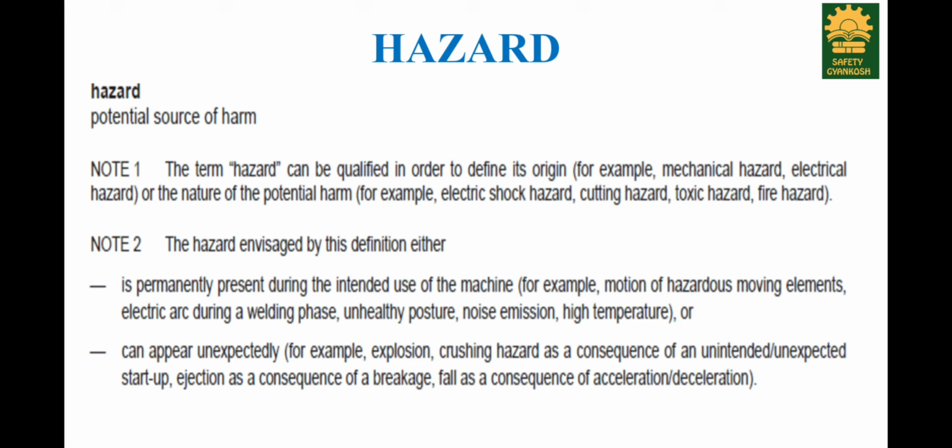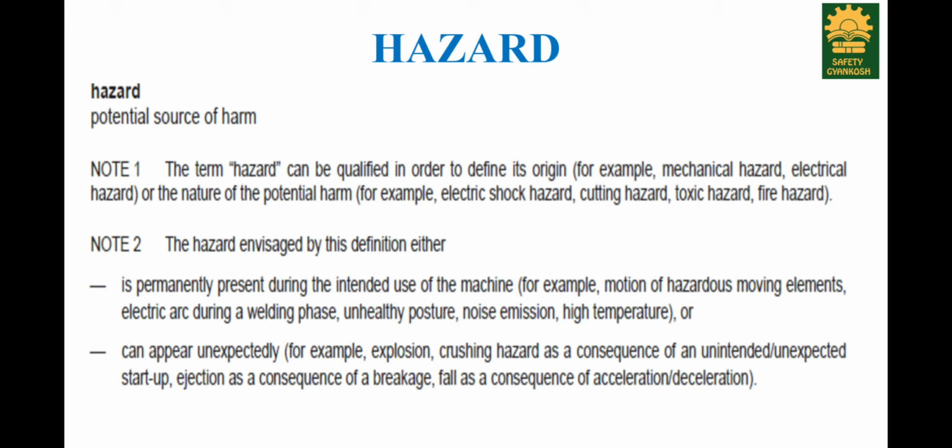For example, explosion can occur, crushing hazard as a consequence of an unintended or unexpected startup, fall as a consequence of acceleration or deceleration. Or if we talk about a very common construction site, a greenfield project, mostly it's a farmland or a barren land or a forest land which is cut. If you look there, and work of bar bending is going on, the hazards of bar bending machinery are already there, so it is always present during the use of the machine.